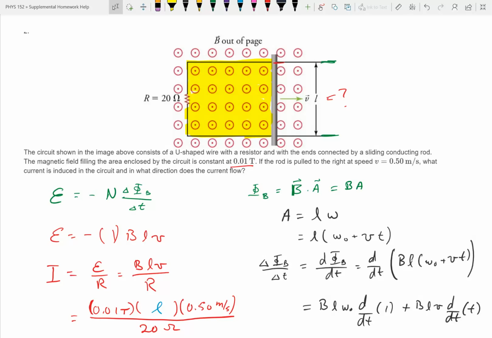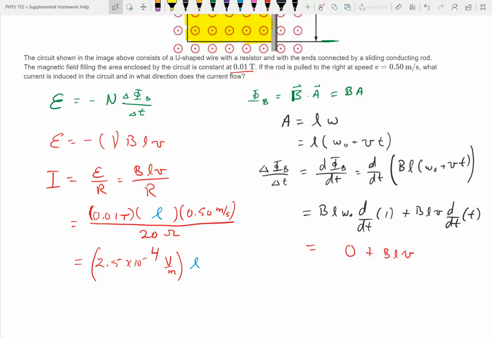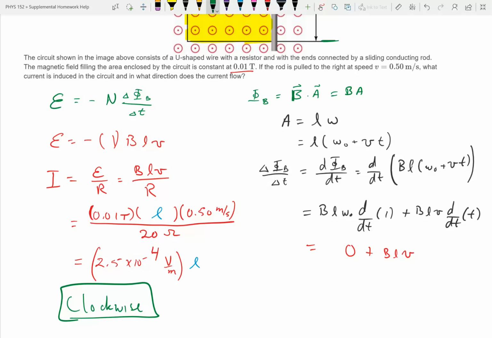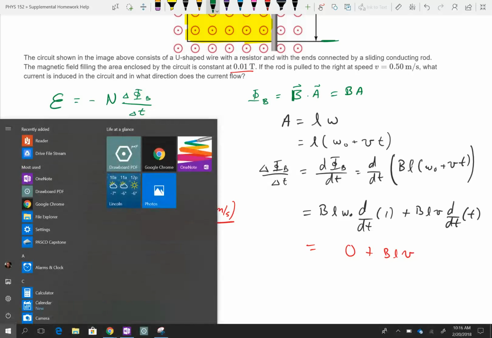So you want into the page. So what direction are your fingers wrapping? Clockwise or counterclockwise? Clockwise. Okay, so we're going to have a clockwise current. So that's as far as we can go here because we don't have that length.